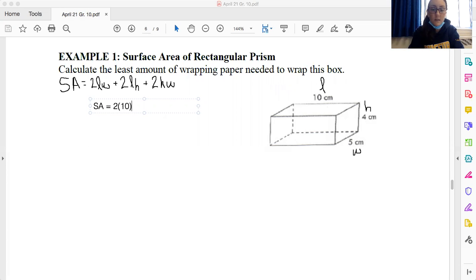So our length is 10 times our width, which is 5, plus 2 times our length again is 10, our height is 4, plus 2 times our height, which is 4, and then our width, which is 5.